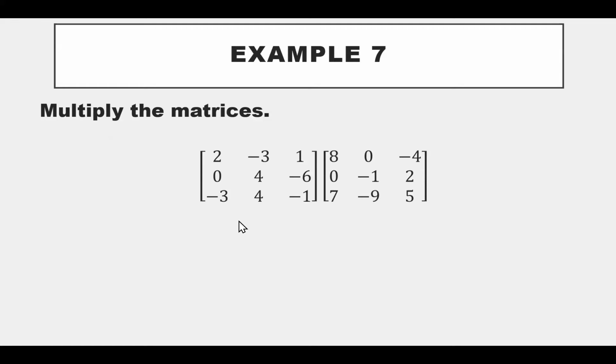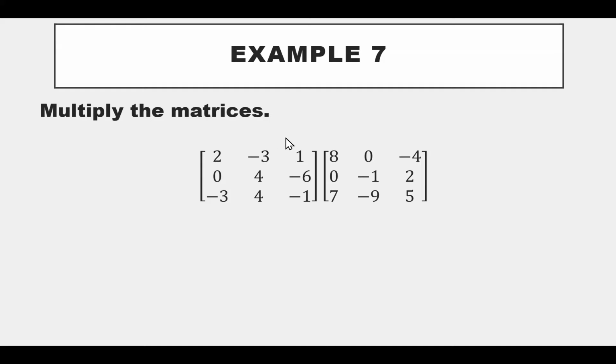Now, let's do another example. Let's multiply this 3 by 3 matrix by this 3 by 3 matrix. We don't want to just have 2 by 2's all the time or 2 by 3's all the time. Let's do a 3 by 3 multiplied by a 3 by 3. We know the dimensions match up in the middle.